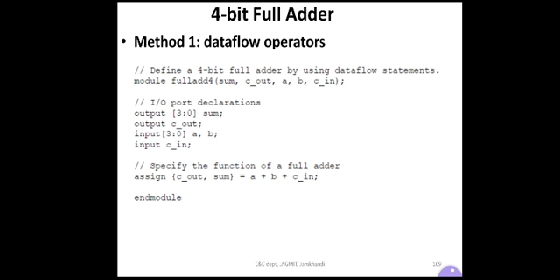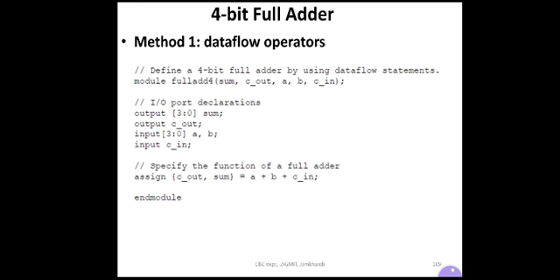The ports are sum, cout, a, b, cin. The output sum is 4 bits, that's why it is a vector, output [3:0] sum, and cout is only a scalar, so output cout. Then we have two inputs a and b, both of 4 bits, so input [3:0] a, b, and one more input, cin, a scalar of 1 bit, so input cin.